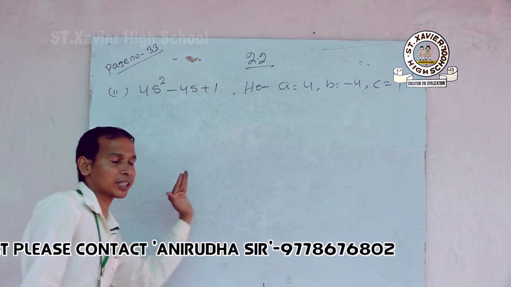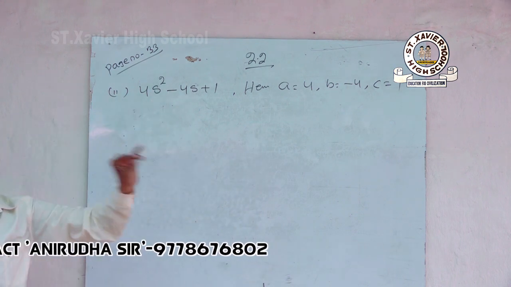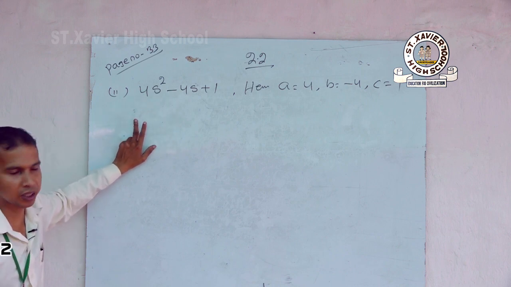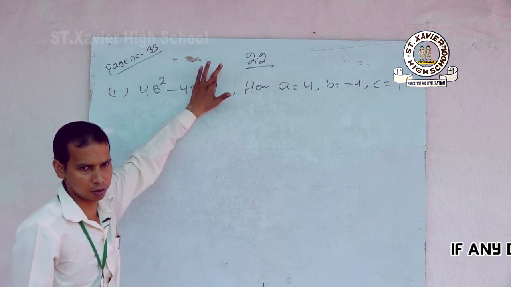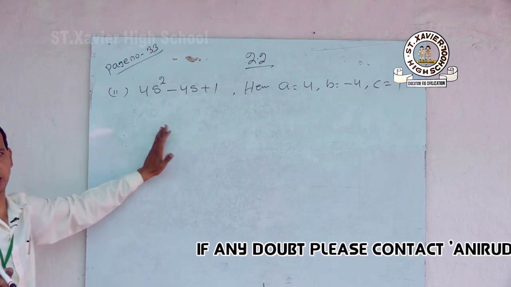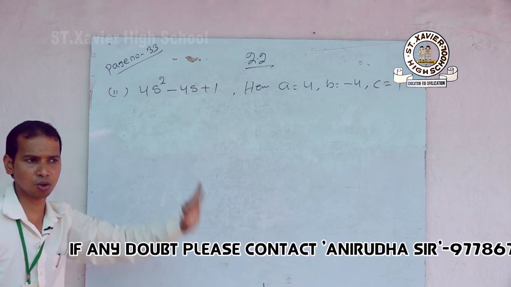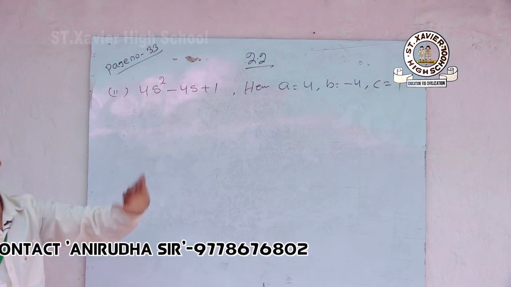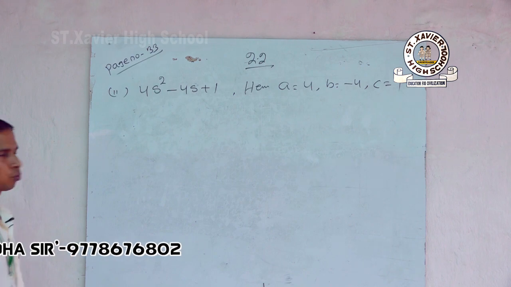Okay. Now we factorize this polynomial and then find the zeros. So we factorize by the middle term method: 4 into 1, 4 ones are 4. Then the sum is -4. You need two numbers whose product is 4 and whose sum is -4. So you take 2 and 2. 2 twos are 4, 2 plus 2 is also 4.